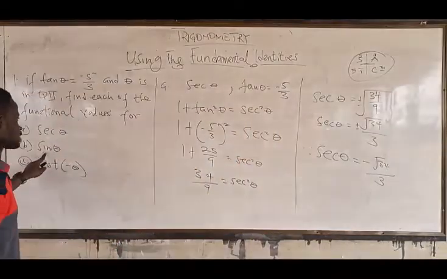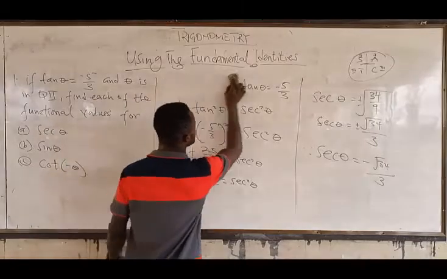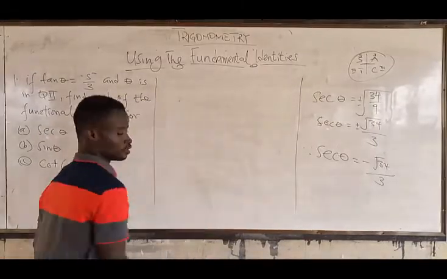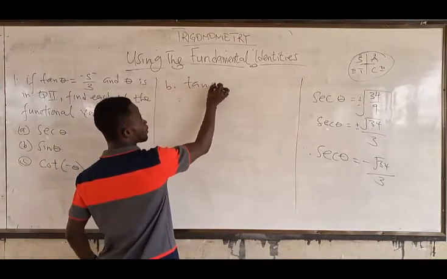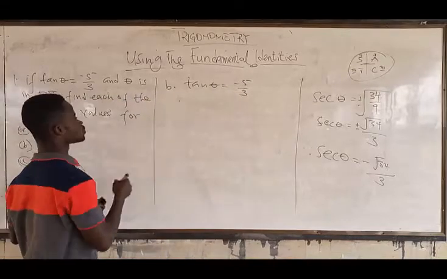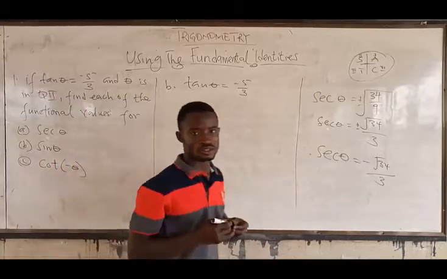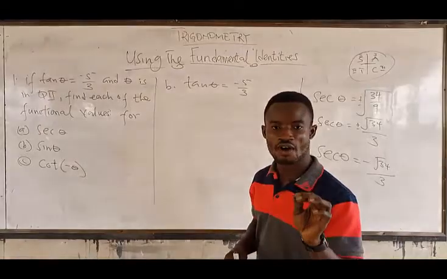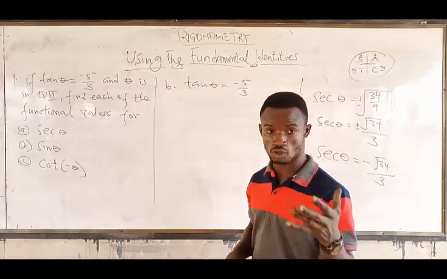Let's look at the second one, which is the B. I'll write it in. So we are using our known tan theta. So for the B, we have to look for sine theta. Alright. So in mathematics we move from known to unknown.